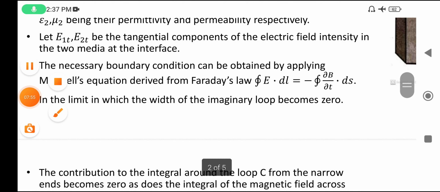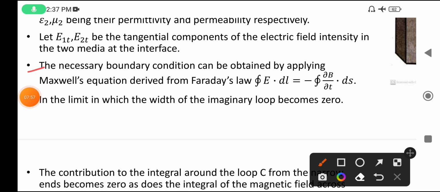Now the necessary boundary conditions can be obtained by applying Maxwell's equations derived from Faraday's law. If you have to calculate the electric field at the boundary, which law do we apply?